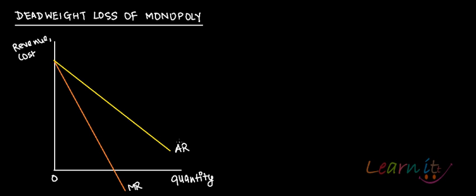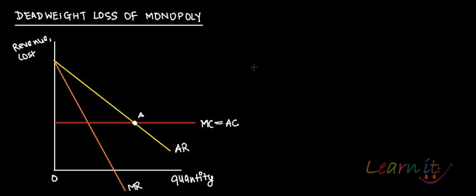Now supposedly, if the MC curve is this, this is the MC equal to AC curve. Now, if the structure I have just defined is for a perfectly competitive industry, then equilibrium would be defined at this point, where price is equal to MC.